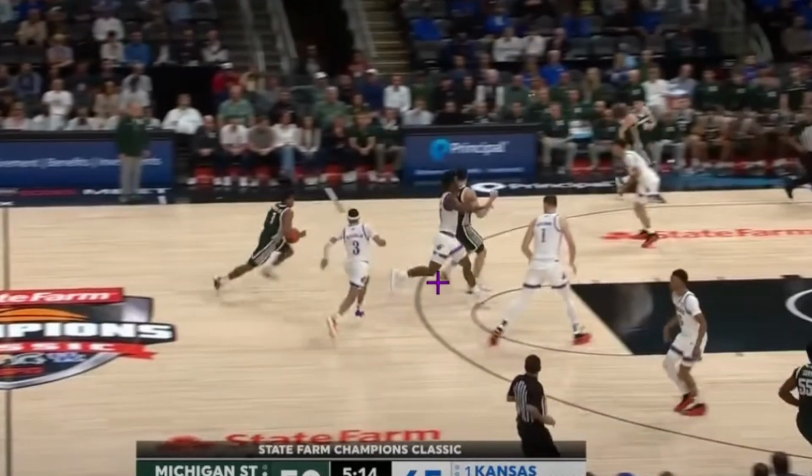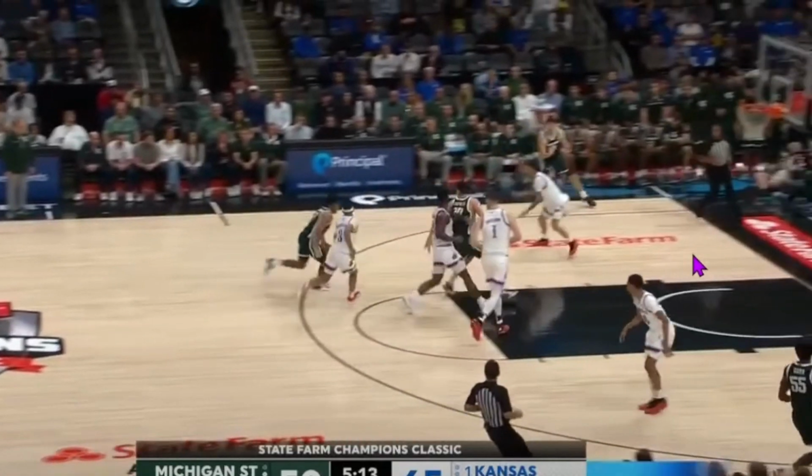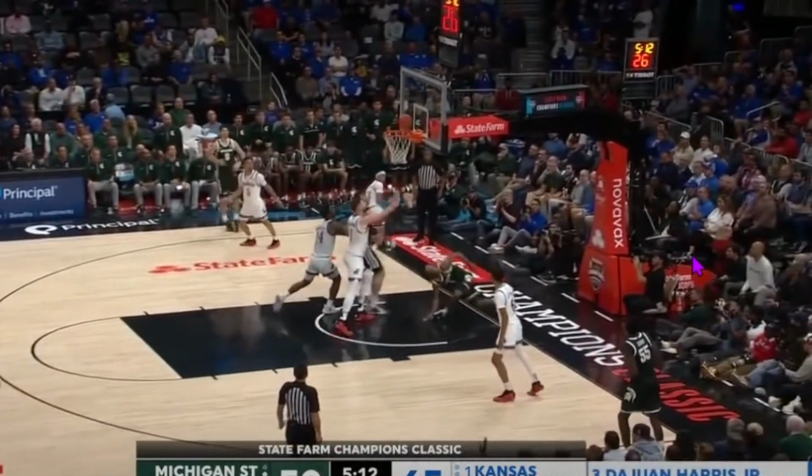This is the ideal because if you can make contact early in transition, you can also provide a little bit of screen where Harris has to operate not only catching up with the ball, but has to get through these two defenders. And Hunter Dickinson is nowhere near where he can provide help defense because you're going so fast. And so you get downhill and you get a great opportunity.